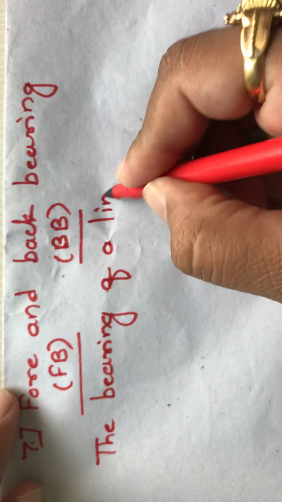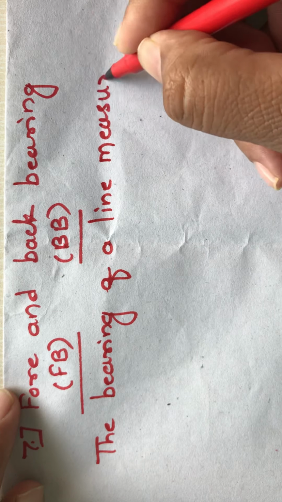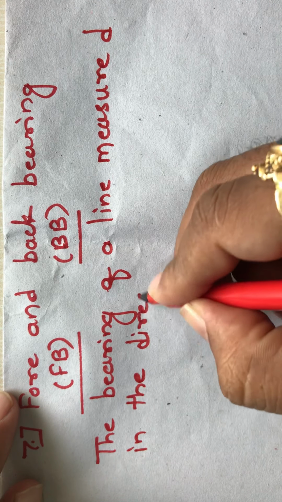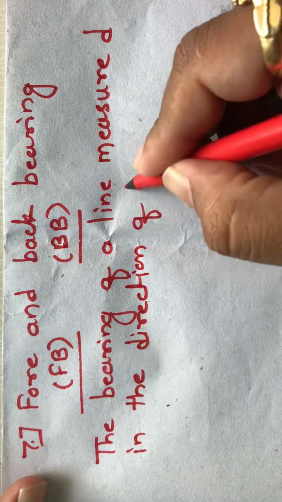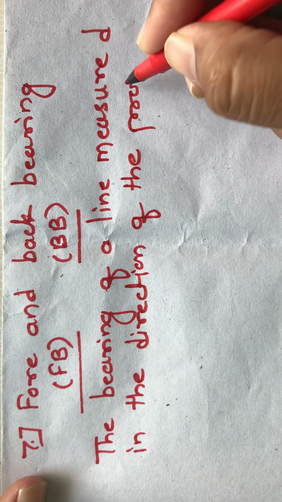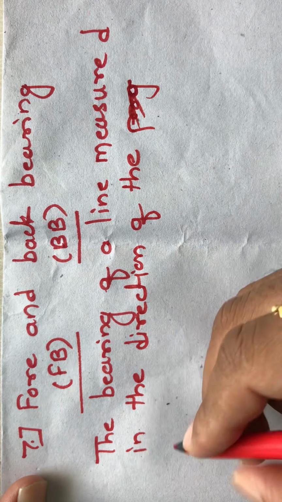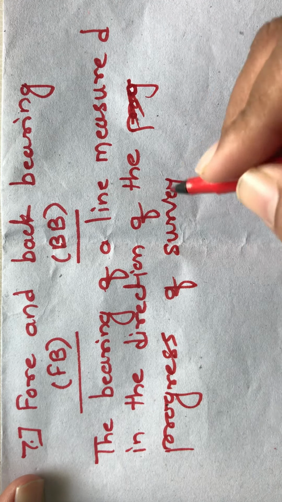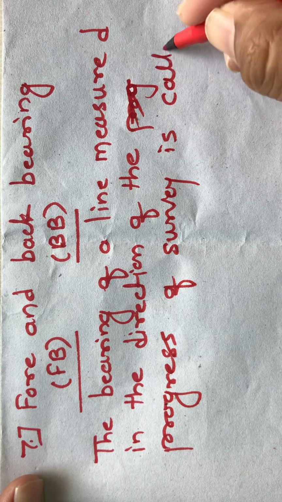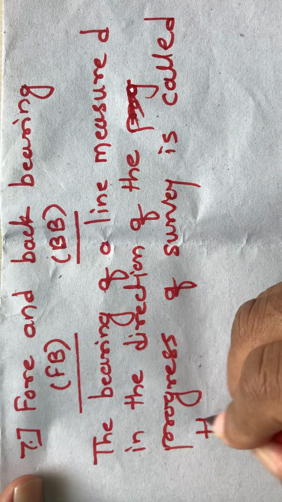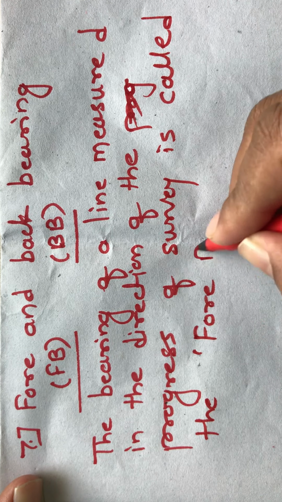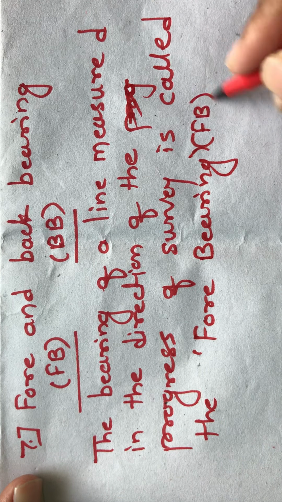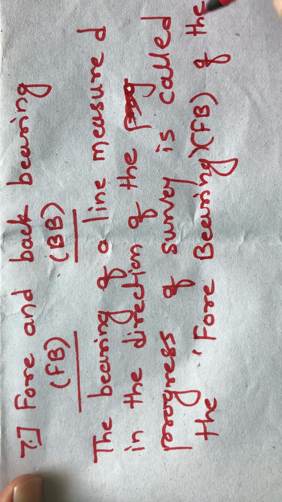The bearing of a line measured in the direction of the progress of the survey is called the fore bearing, that is called FB of the line.